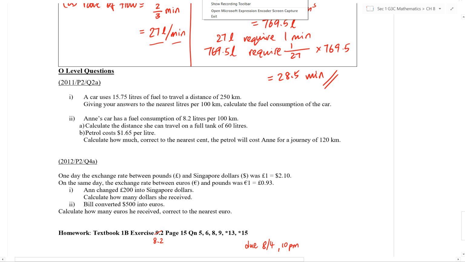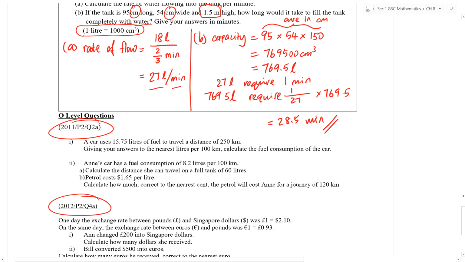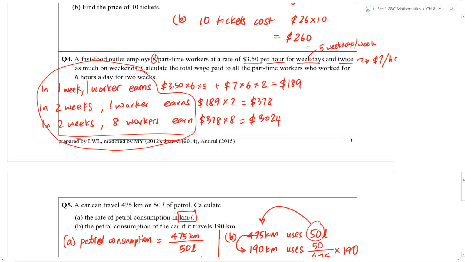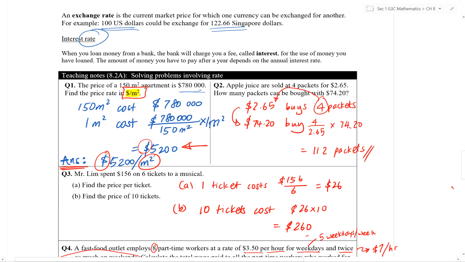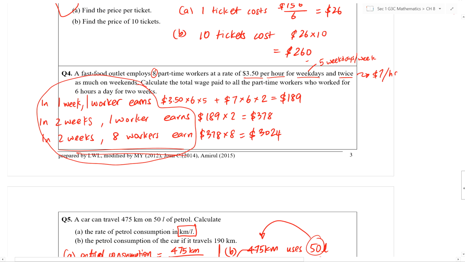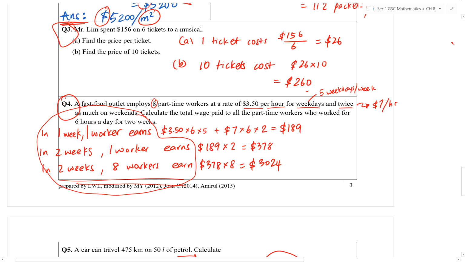Now for the remainder of the time, please work on these two O-level questions. You can use the available space in your notes, or you can do them separately on a piece of foolscap paper. Once you're done, please take a picture of what you have covered, starting from this page. Okay, I want to see the corrections for your homework, question 2, question 3, question 4, if any.